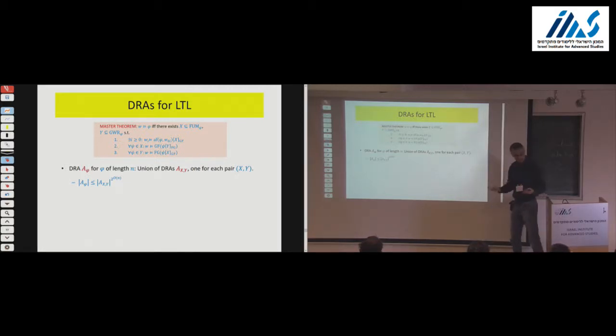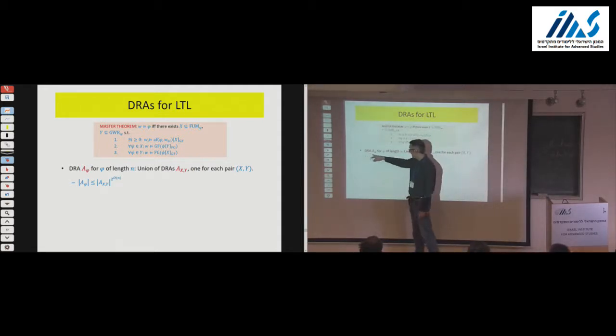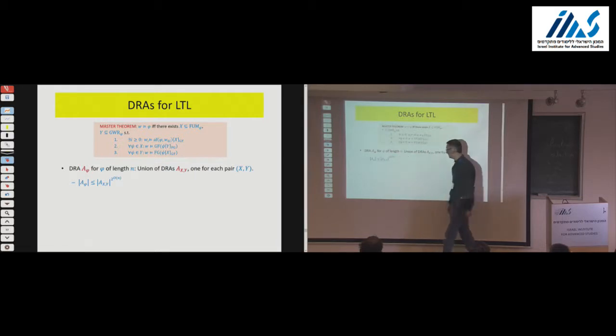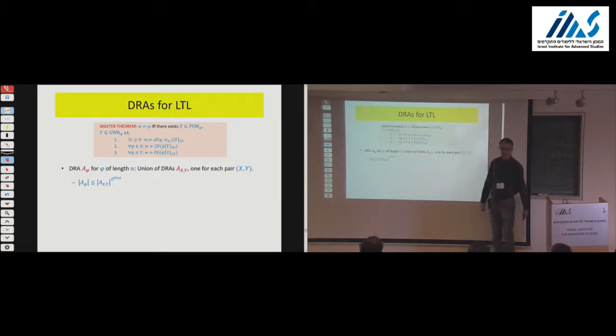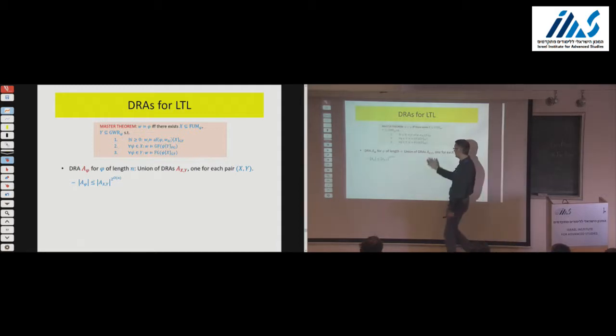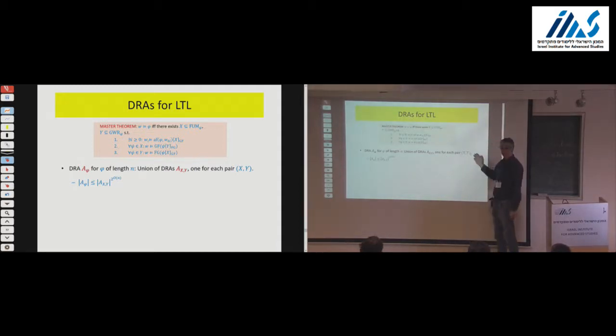Well, let's take an alternative route here, which is, we are going to construct a DRA, A_phi, for phi, right? Assume that phi has length n. Then we are going to take the union of DRAs A_xy, one for each pair xy, right? And how many pairs can we have? Well, exponentially many in the size of the formula, right?